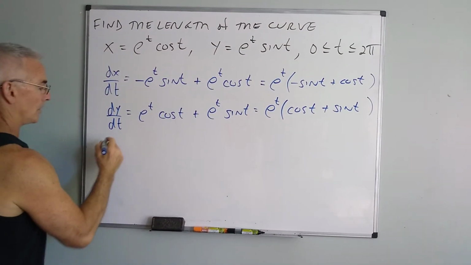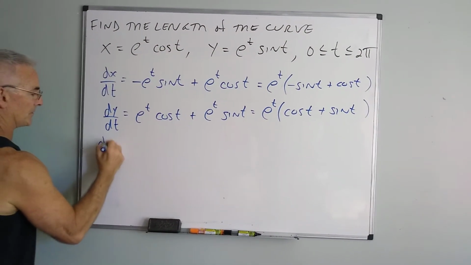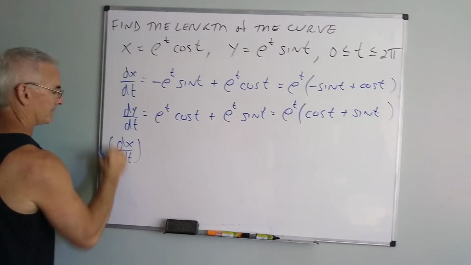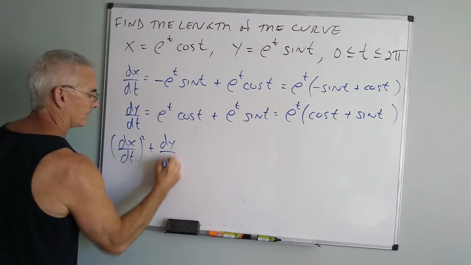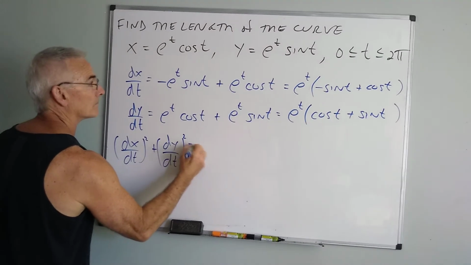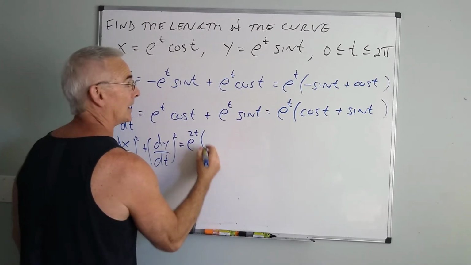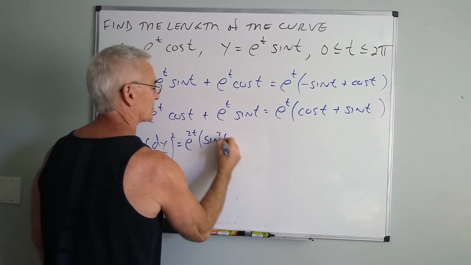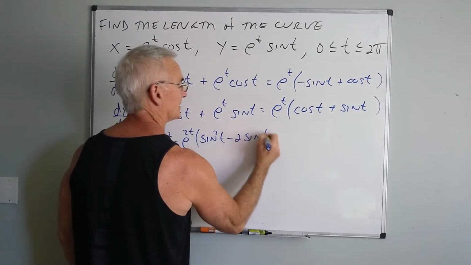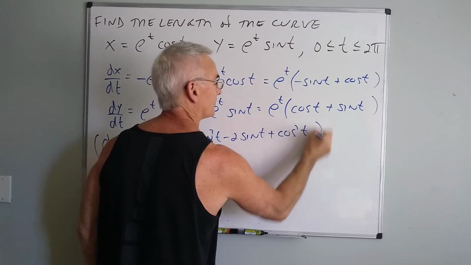So now the arc length parameter, which is the sum of the squares of these derivatives. When I square this, I'll get e to the 2t times sine squared t minus 2 sine t cos t plus cos squared t.